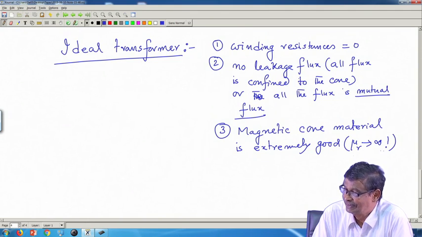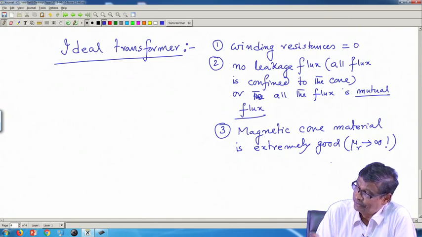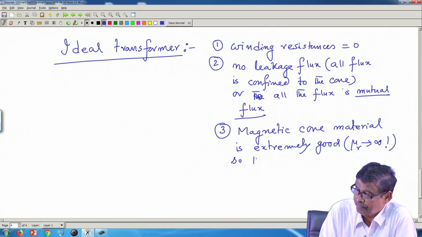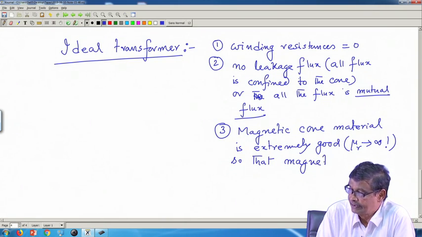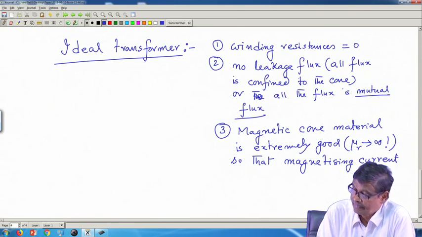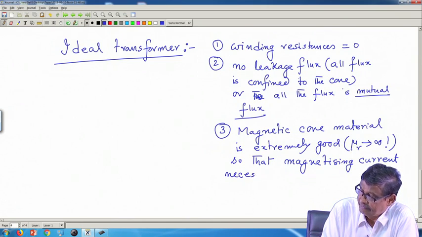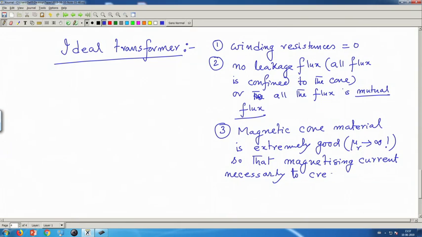I put this mark also here, means vanishingly small current, extremely good, so that magnetizing current necessary to create flux is practically 0. These are the 3 properties.